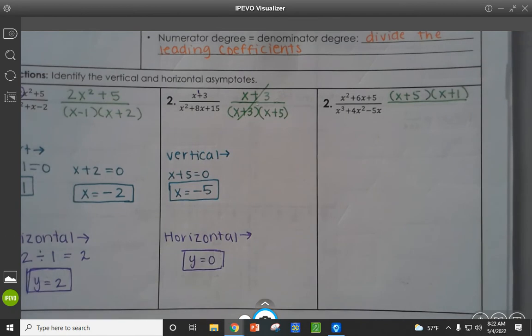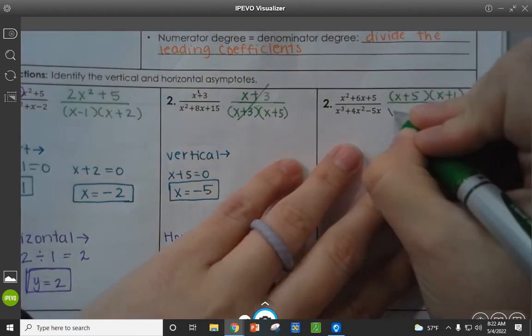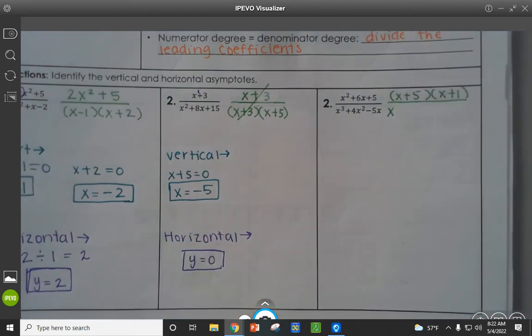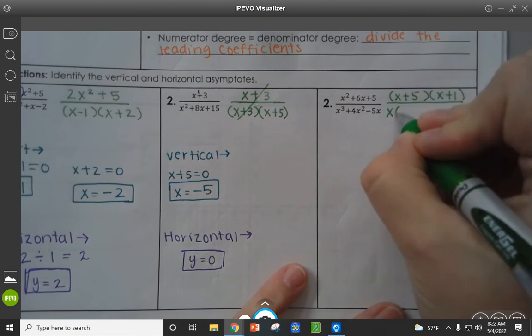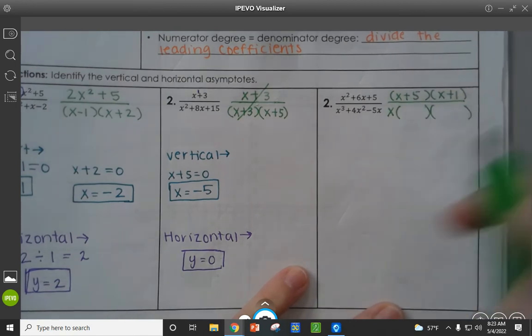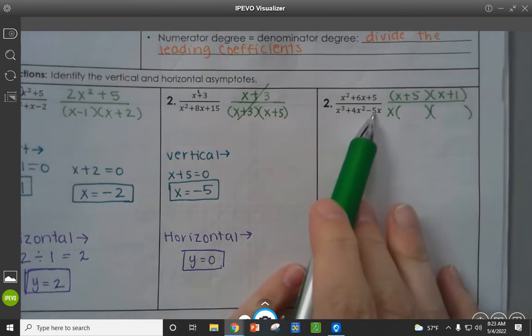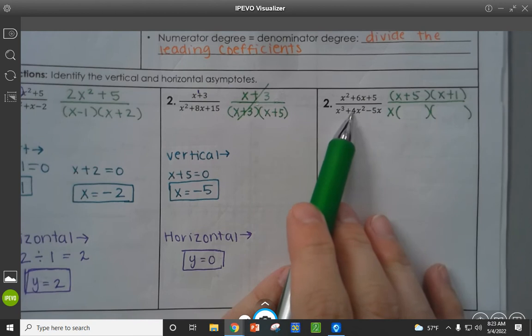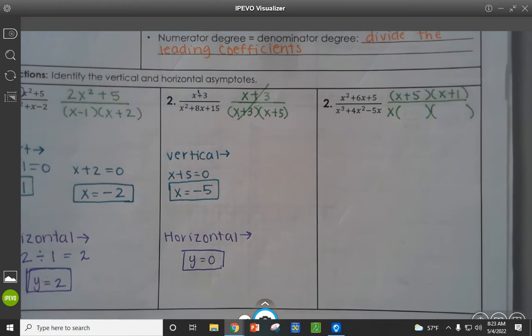What about the denominator? It does have a GCF of x. So imagine that you take one of those x's away. We need two numbers that multiply to be -5 and add to be +4.